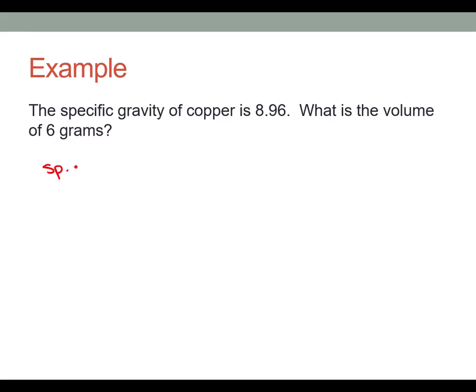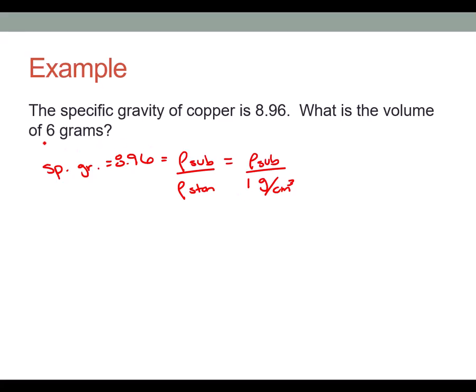We're told the specific gravity of copper is 8.96. And we want to know what the volume of 6 grams is. So this is the rho of our density of our substance divided by the density of the standard. The density of the substance, I don't know, but I do know for this solid copper, the density of the standard is going to be the 1 gram per centimeter cubed, density of water at 4 degrees Celsius.